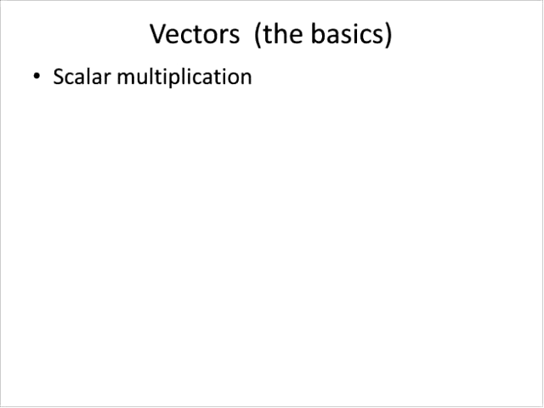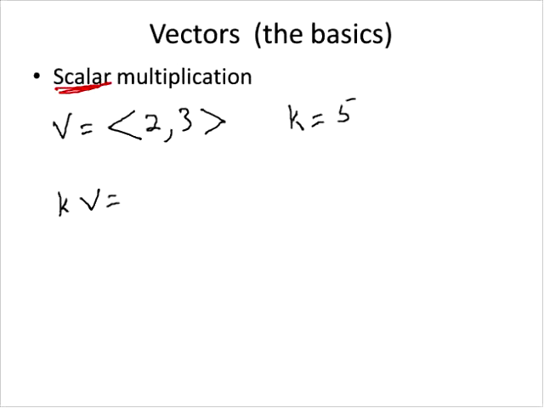Scalar multiplication. First things first, a scalar is just a regular number. It just has the one component, the value. So what we're talking about is multiplying a plain number times a vector. So again, if I had vector v and that was <2, 3>, the same vector we've been dealing with, and I had some scalar number, say 5, if I want to multiply those, k times v, I just multiply 5 times each component of the vector.